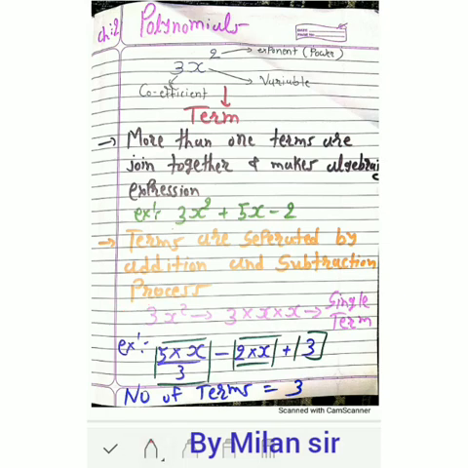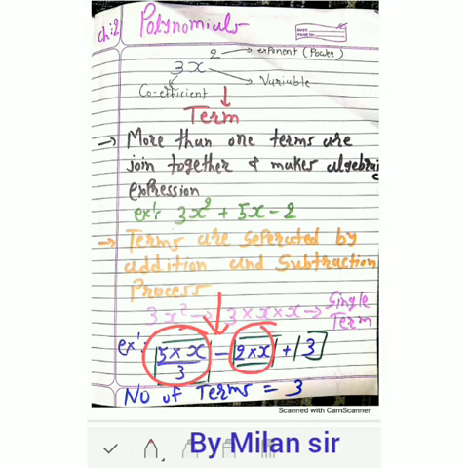One more example I'm writing here: 5 multiply x divided by 3 minus 2 multiply x plus 3. So how many total terms are there? Again, multiplication and division do not separate the terms.